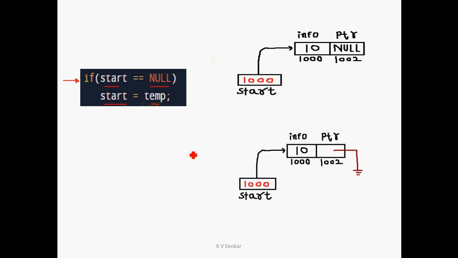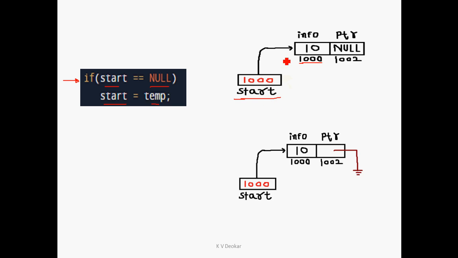Whatever is in the temp variable will now be pointed to by start. This is our start pointer that we have created globally. Now it will point to temp. Temp contains address 1000, as we saw in the previous slide. That will be pointed to by start also, stored in the pointer variable start. So start will now point to 1000.